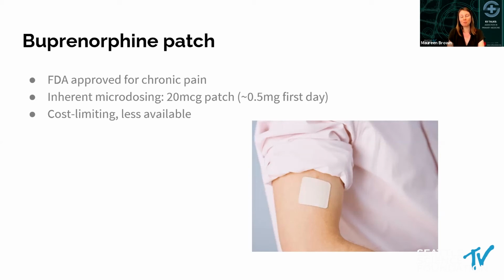So this is a potential option to slap a patch on a patient, have them keep using their full agonist opioid, and auto-microdose them, which is awesome. Unfortunately, it's pretty unavailable at this point in most hospital formularies and even outpatient pharmacies, and it certainly is more cost limiting than our sublingual forms of buprenorphine.